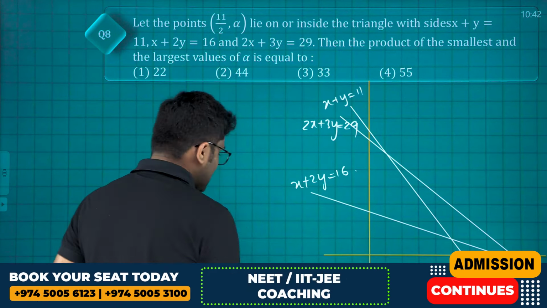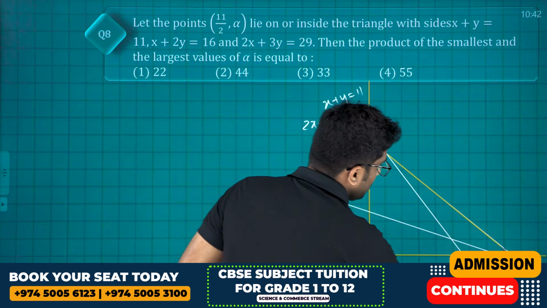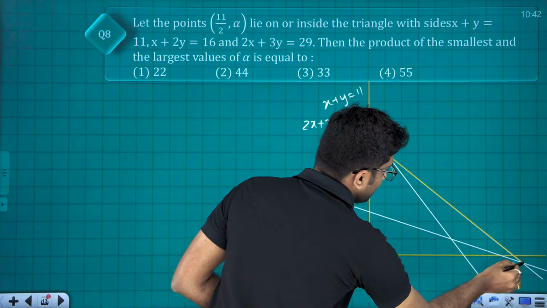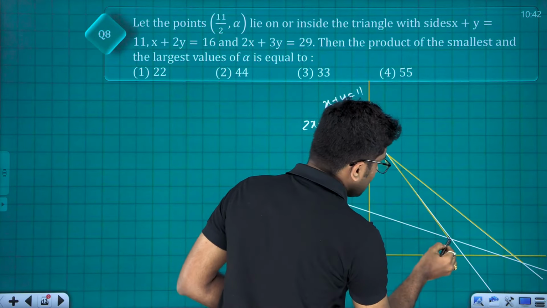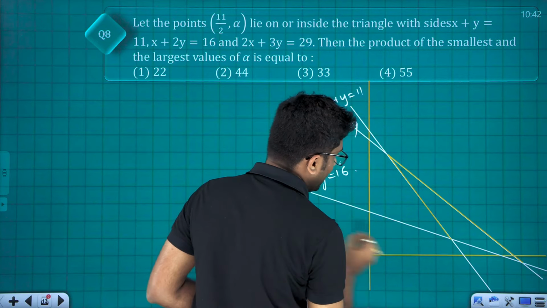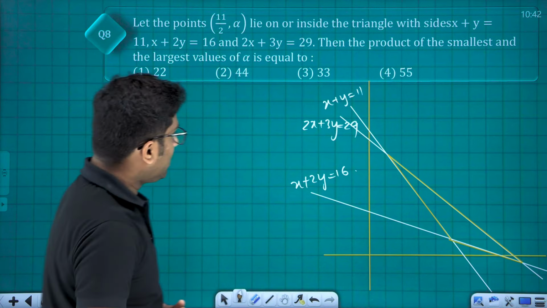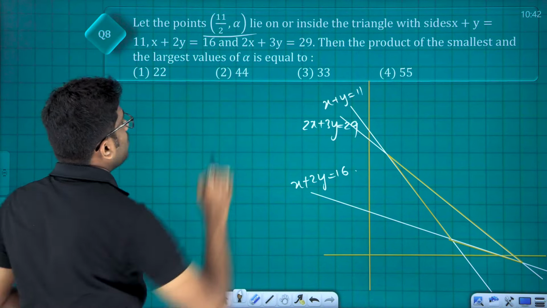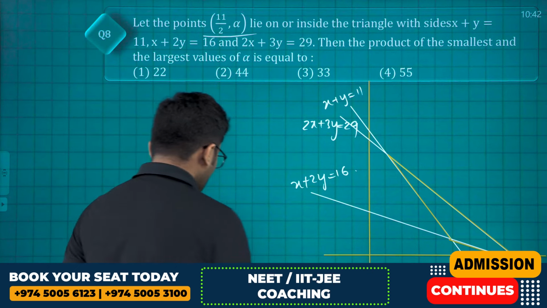Now the intersection of these three is our triangle. This is our required triangle. Now there is a point called 11 by 2 comma alpha. 11 by 2 means for sure it lies on the line x is equals to 11 by 2.